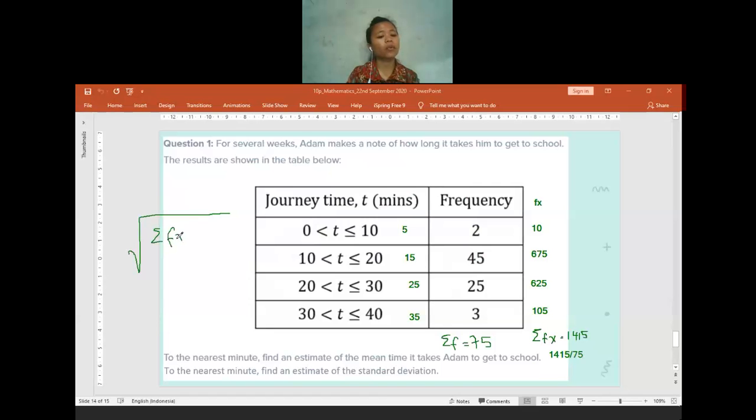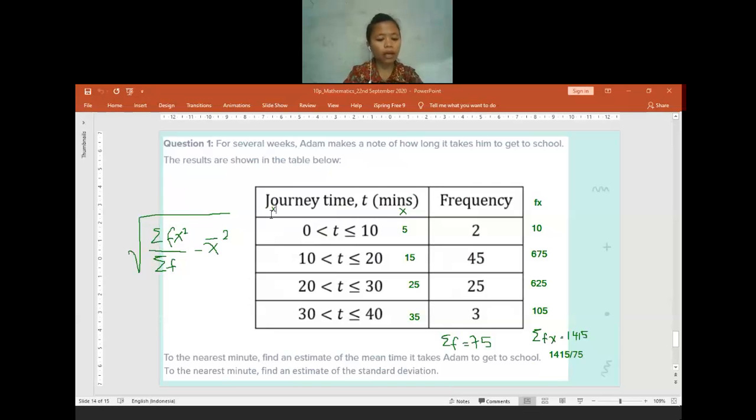Anyone still remember? Sigma fx square, okay. Sigma fx square divided by sigma f. After that, we subtract x bar square. X bar in here is the mean. Is there anyone having any question, or maybe I wrote the formula in a wrong way? You can tell me.